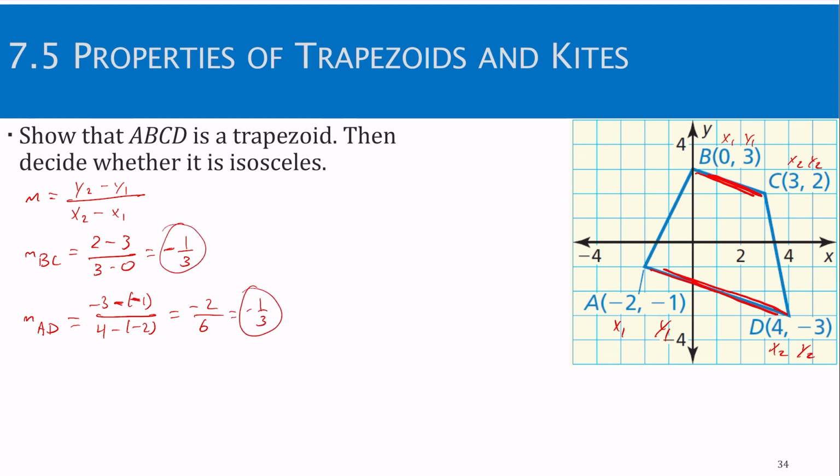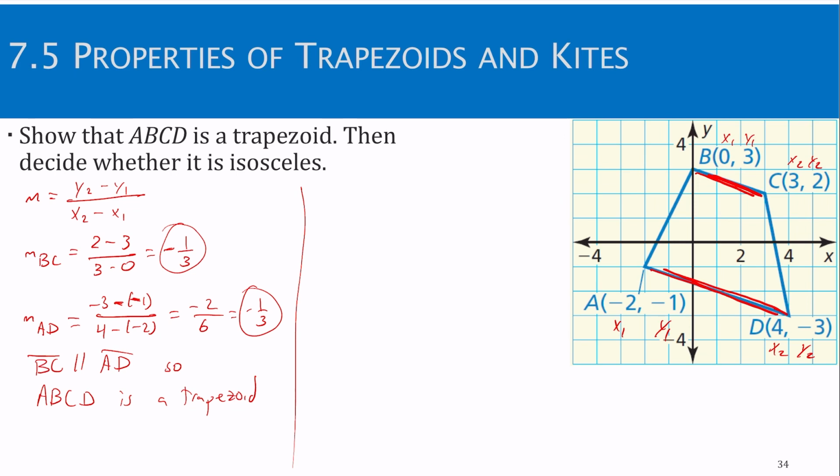Those are the same, therefore we know BC is parallel to AD. So ABCD is a trapezoid because one pair of sides is parallel. It's obvious from the picture the other pair of sides would not be, since one is sloping up, the other sloping down.